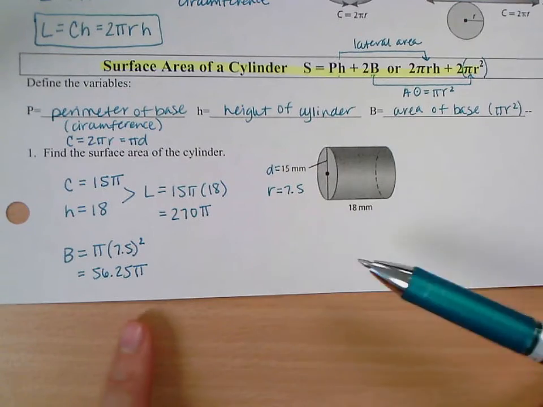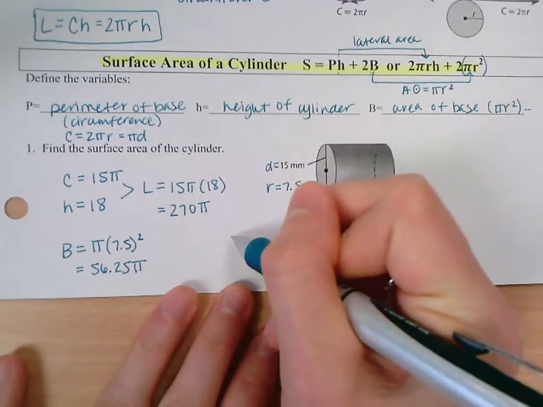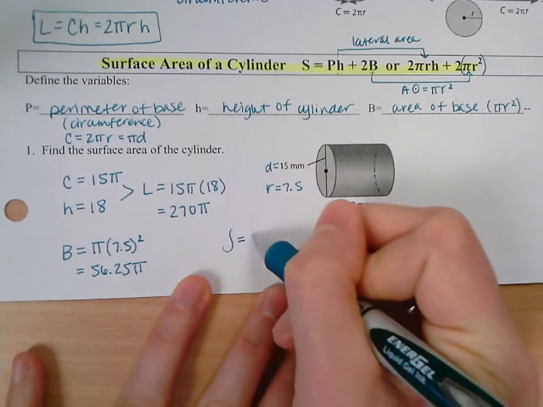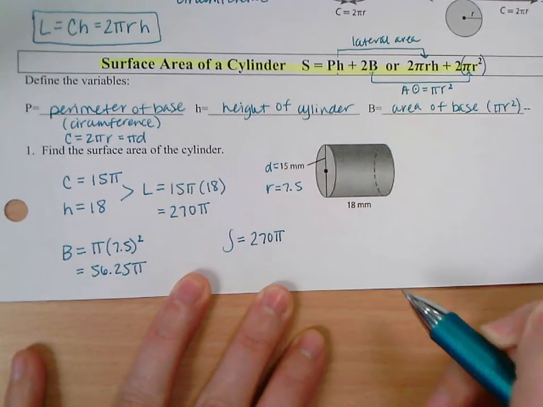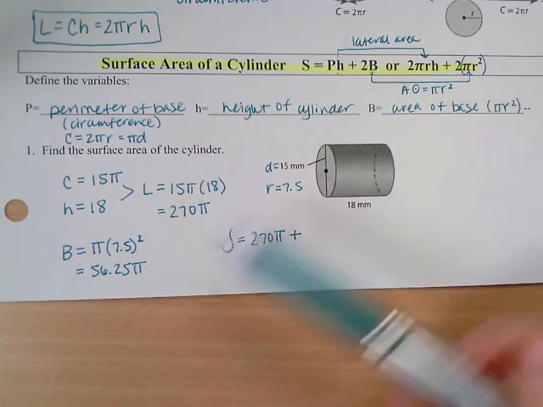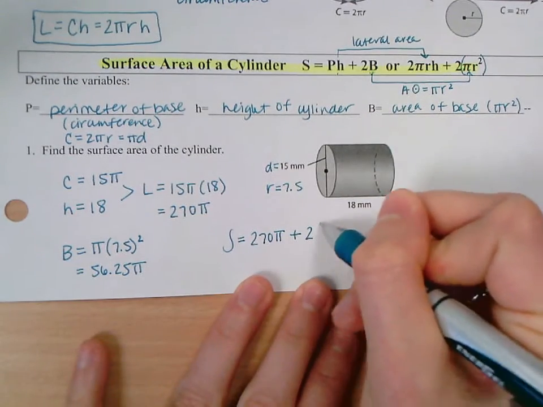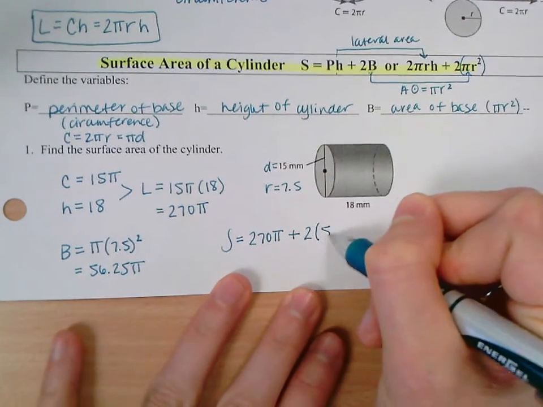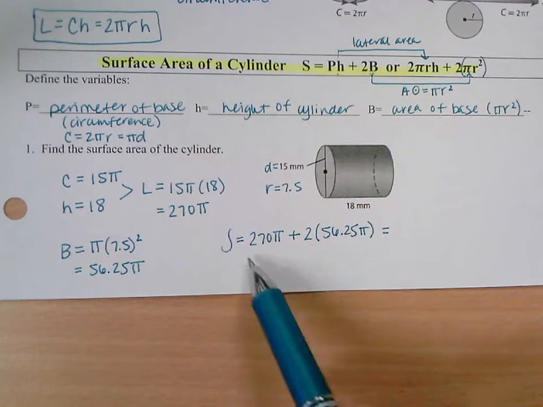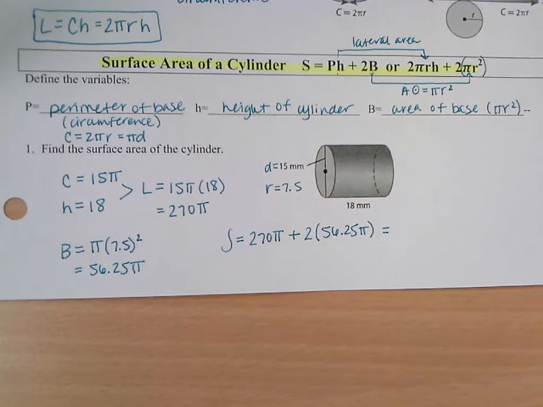So now when I'm finding surface area, I know that it's my lateral area, so the 270 times pi plus 2 times the area of one base. So that would be 2 times the 56.25 pi. And now I'm going to type this all in and then round to at least one decimal place for my final answer.